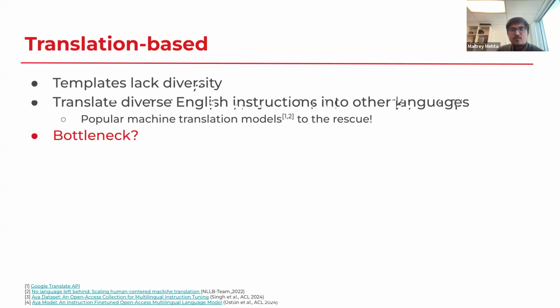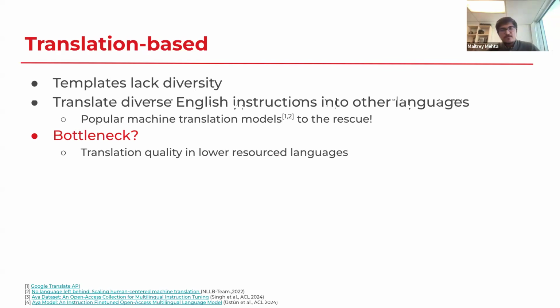But it is not quite simple. Translation in itself imposes certain limitations, and there are certain drawbacks of using translation systems. The first is that it assumes that you have a great translation system for whatever target language you're working with, right? For example, NLLB, Meta's translation system that I was talking about, only supports 200 languages right now, right?